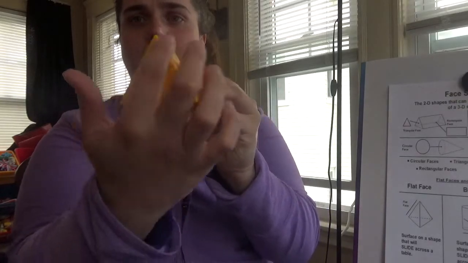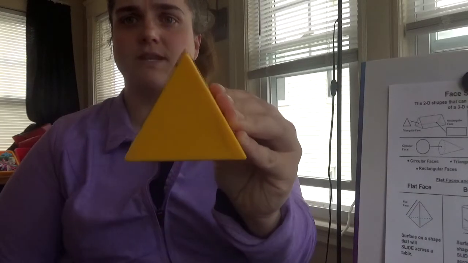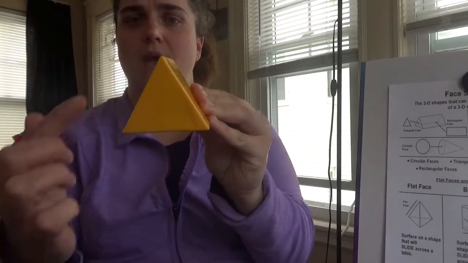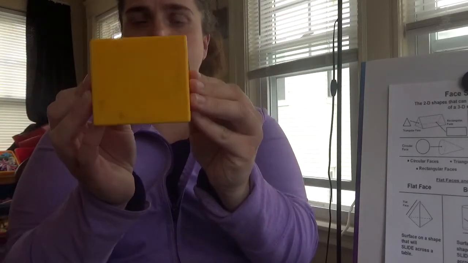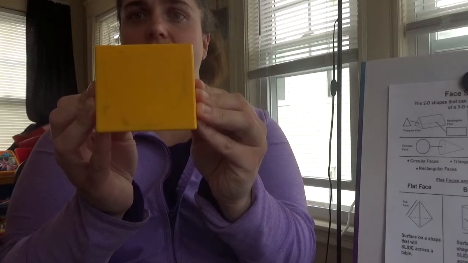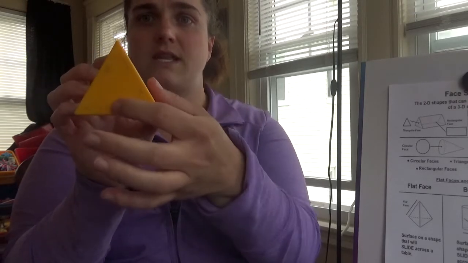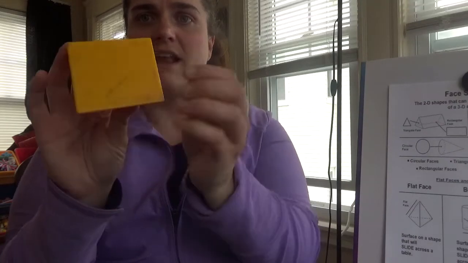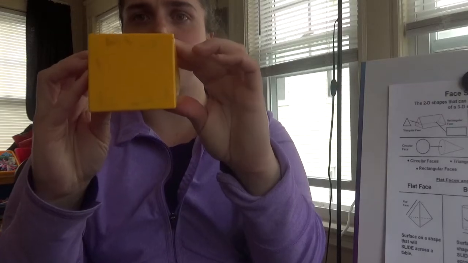Every face of the 3D shape is made up of a 2D shape. So this is a triangle, that's the 2D shape, and this is one face of this 3D shape. This is a rectangle, and this rectangle is another face of this 3D shape. Here's another triangle and another rectangle, and the very bottom, or the base, is also a rectangle.